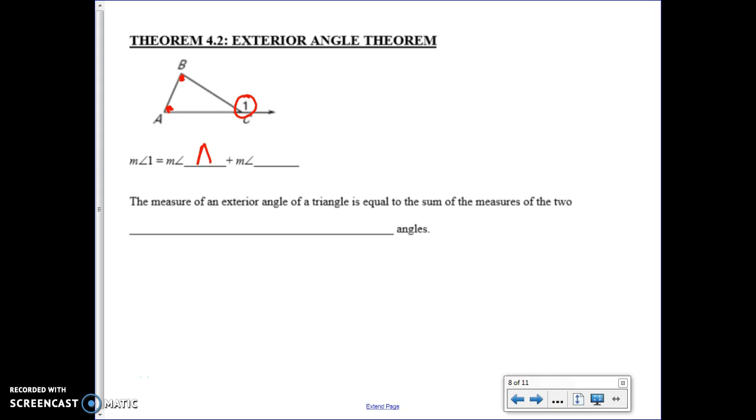So the measure of angle A plus the measure of angle B equals that measure of angle 1 that's on the exterior. So this is called the exterior angle theorem, and it says the measure of an exterior angle of a triangle is equal to the sum of the measures of the two non-adjacent interior angles.